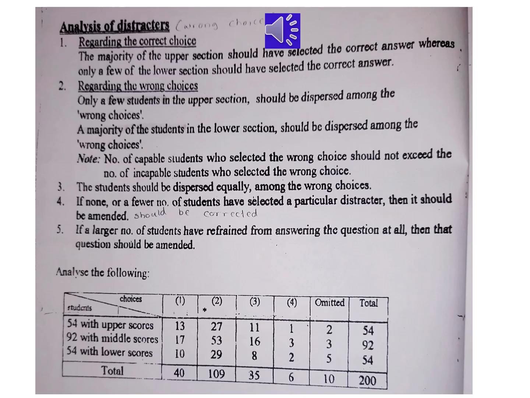But if a larger number of students, not only 10 out of 200, have refrained from answering the question at all, then the whole question should be amended. Not only the distractors, the whole. Here it's only 10 students, so you don't have to amend the whole question. Only the fourth distractor and maybe the first distractor we have to amend.